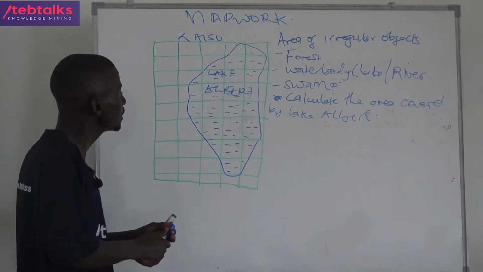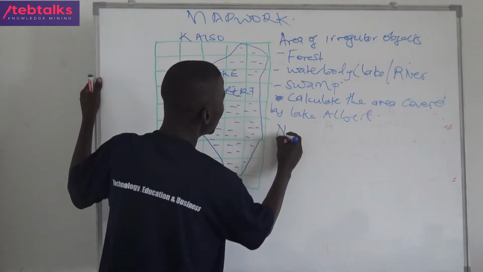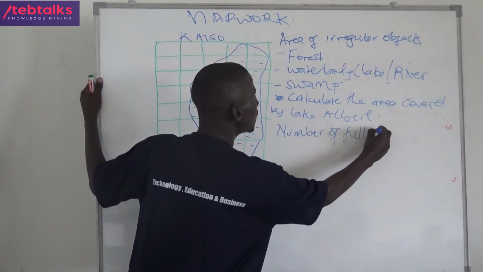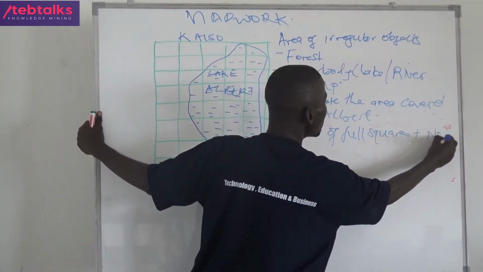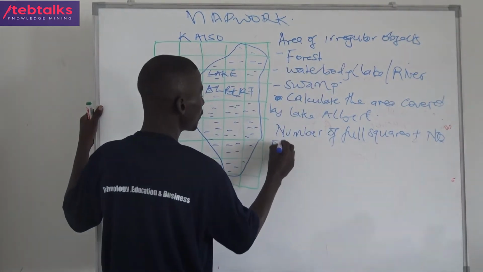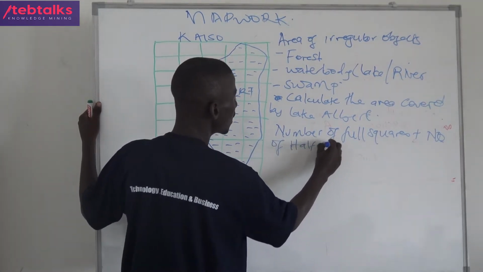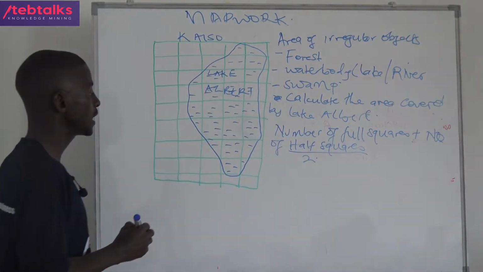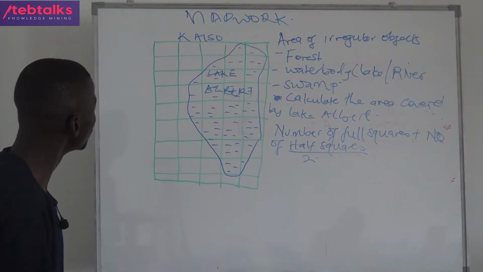The first thing to do is, of course, state the formula, which says number of full squares plus number of half squares, but the half squares are usually divided by 2 to make them full, because when you divide by 2, we consider them to be full.